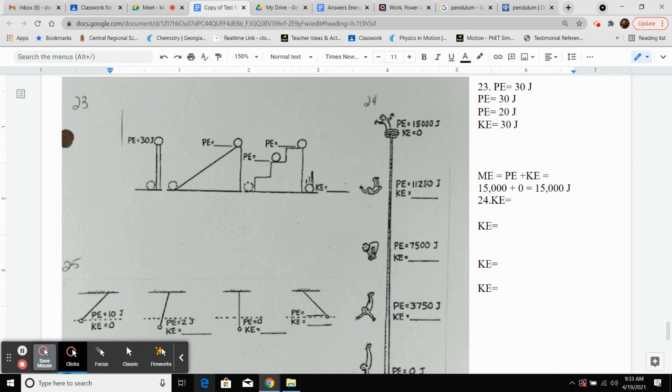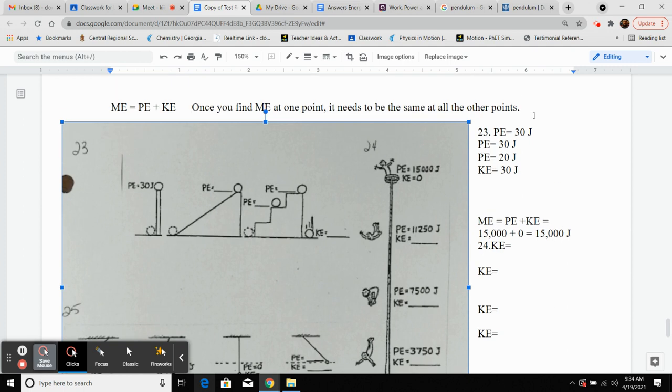So, okay, if the guy starts to jump, his height is decreasing. He's losing some height, so his potential decreased. But what is he going to wind up doing? Increasing his speed. So he's going to gain kinetic. Well, how do I know what the value is going to be here? Well, like we said up here, once you find the mechanical energy at one point, it needs to be the same at all.